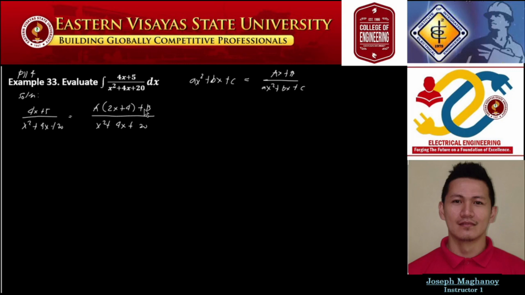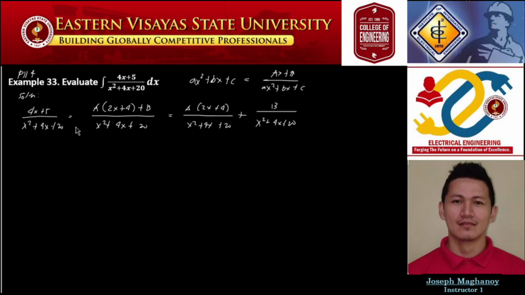If you distribute your denominator, this is also equal to A times 2x plus 4 all over x squared plus 4x plus 20, plus B all over x squared plus 4x plus 20.